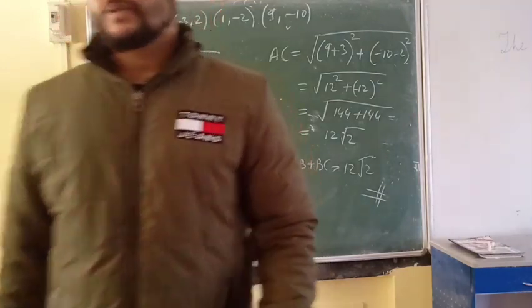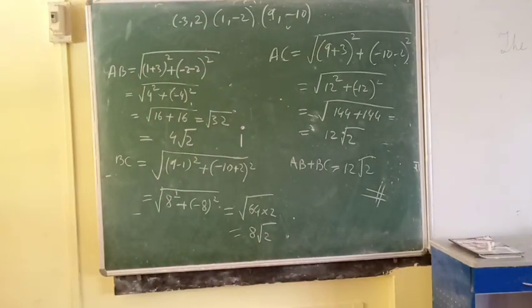So many questions are there which demand to show whether points are correlated or not, something like this. One more question is there. Show that the given points form a right angle triangle.